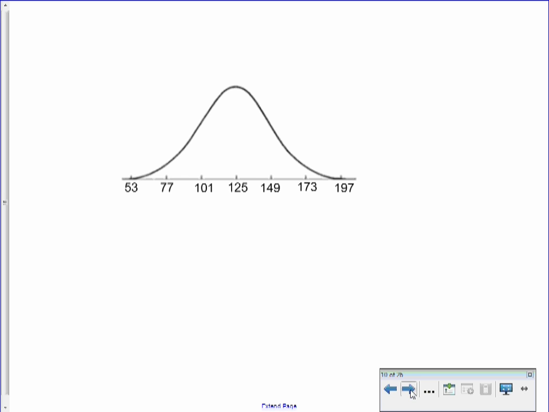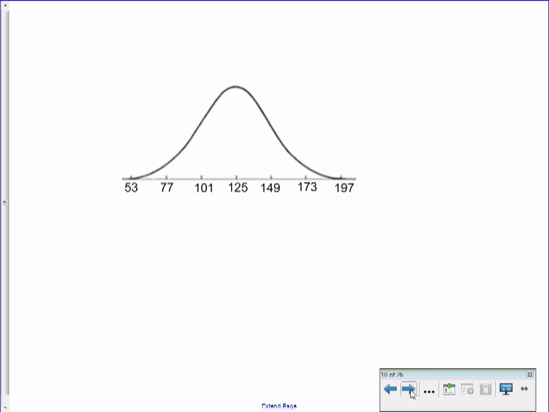So the mean has a z-score of 0 in the standard normal. Any other questions on graphing it? Creating the graph, I guess, in better words.